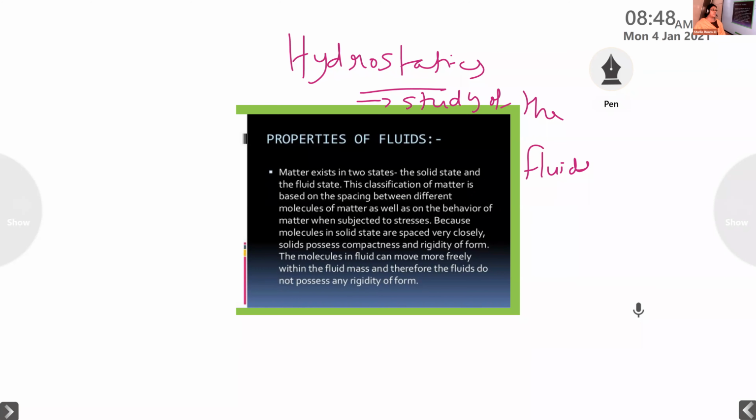Similarly, we have this in electricity also, no? In electricity also we have two types. Do you remember which are those two types of branches? Michael, do you remember the two types of electrical studies we have, at rest and in motion? Any idea?